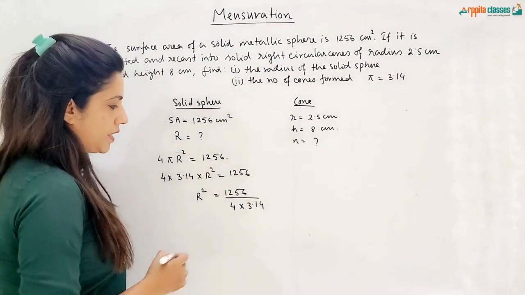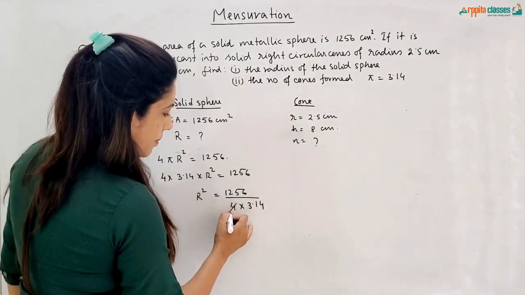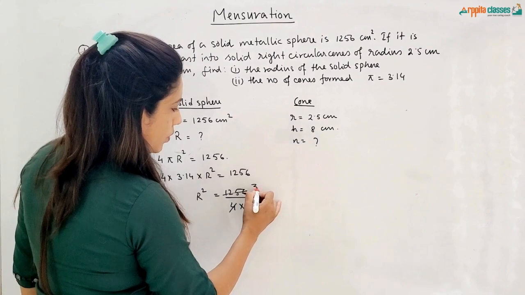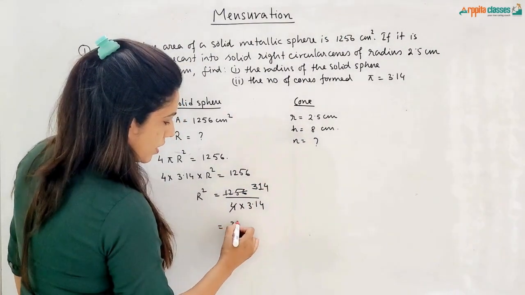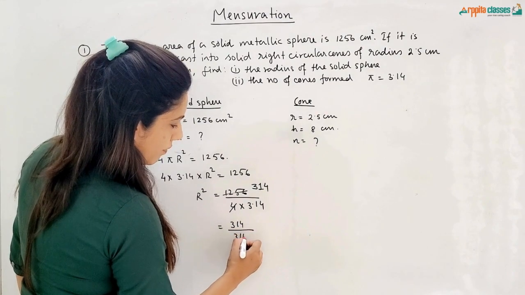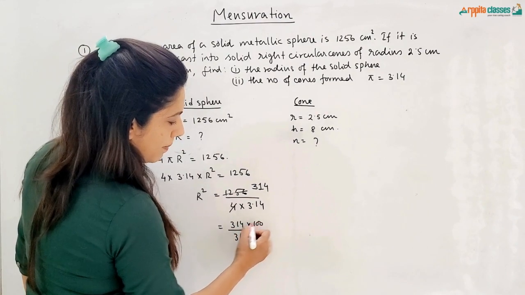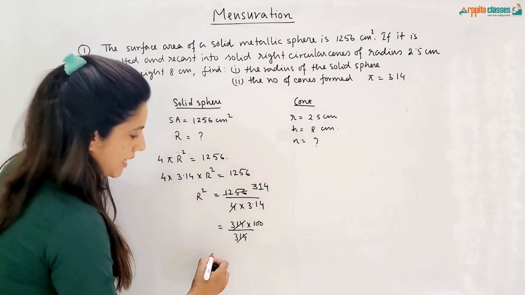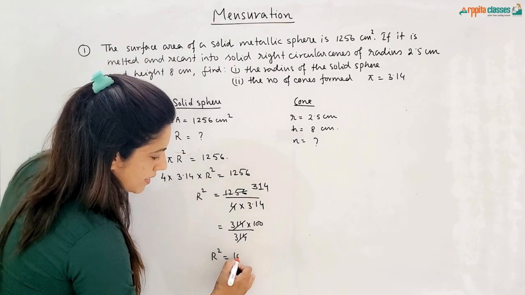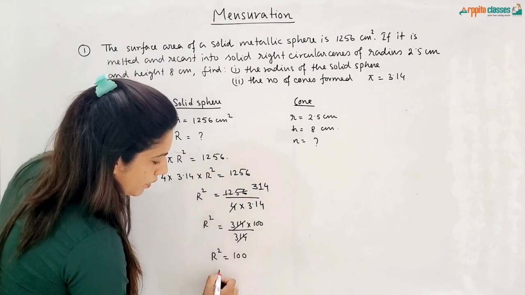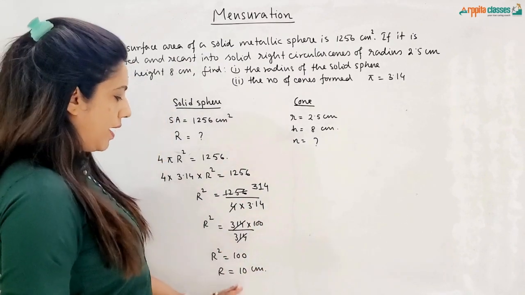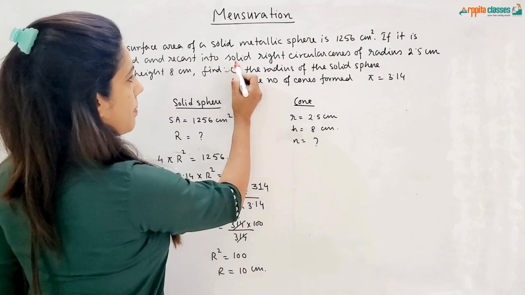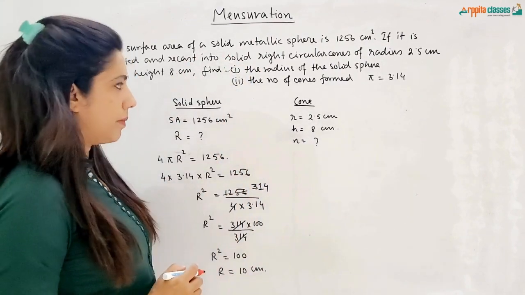We need to calculate here to get the value of r. So I am cancelling this, 1256 divided by 4 is 314. Now this is 314 and this is 314 upon 100, that 100 goes up. 314 gets cancelled. So we get r square is 100. Therefore the value of r will be 10 centimeter. So we got the value of r, that is the first part. The value of r is 10 centimeter.